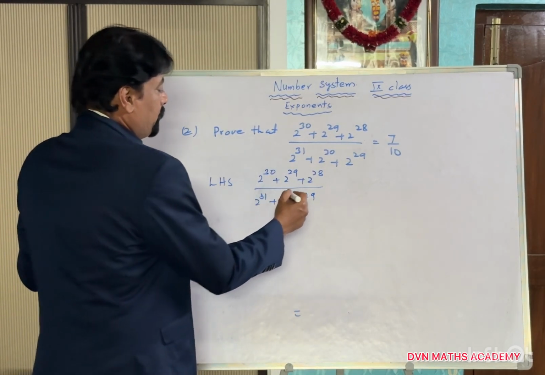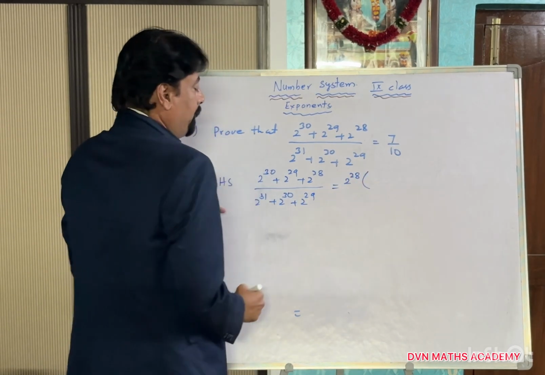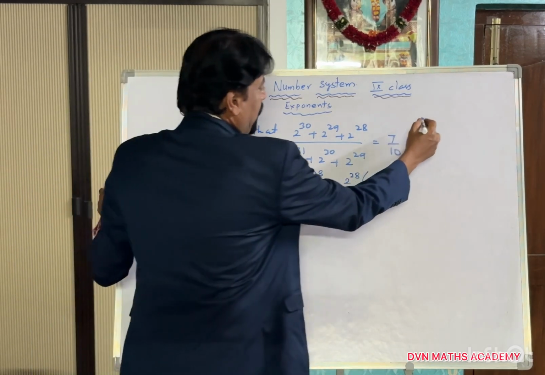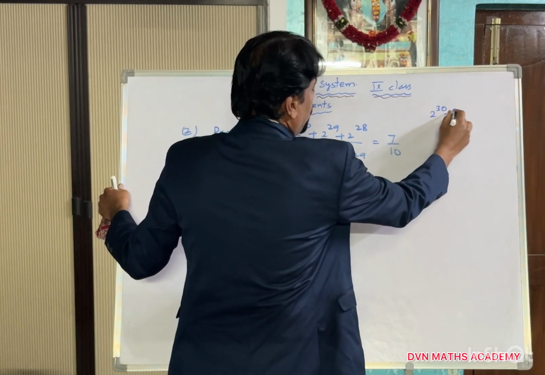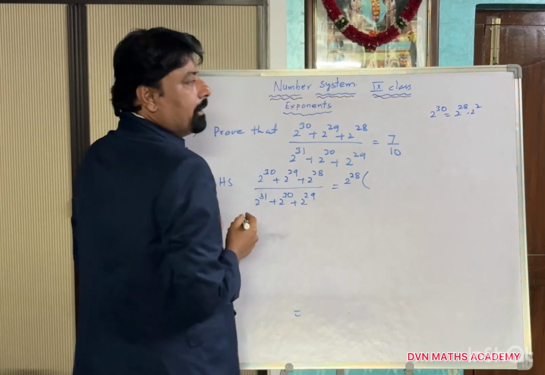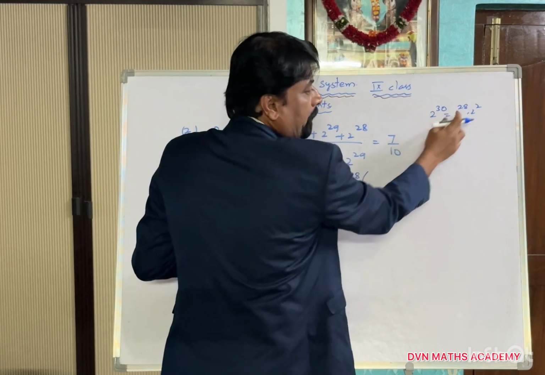So for that purpose, what I am doing here is making 2 to the power of 28 common in the numerator. This 2 to the power of 30 we can write as 2 to the power of 28 into 2 to the power of 2, because a to the power of m into a to the power of n is equal to a to the power of m plus n.